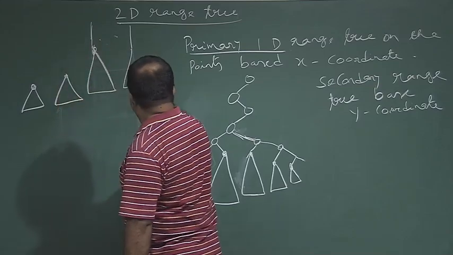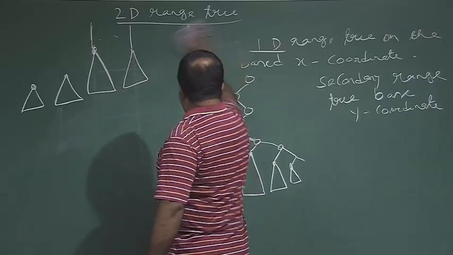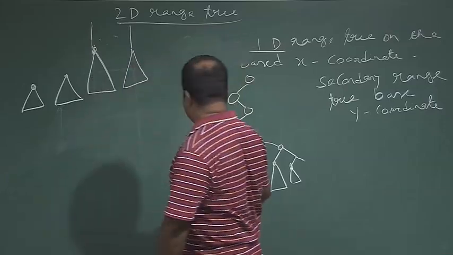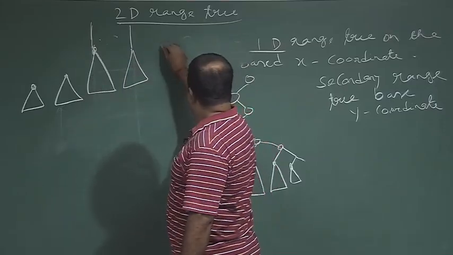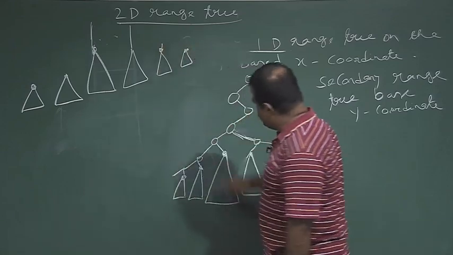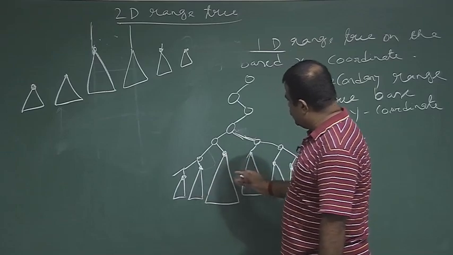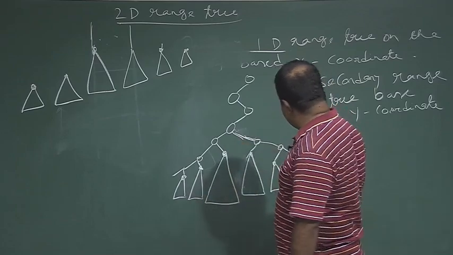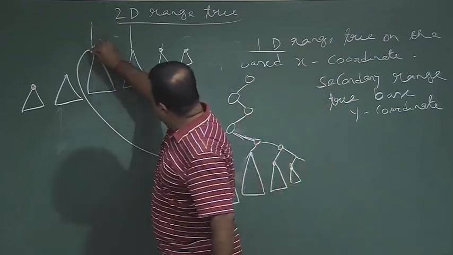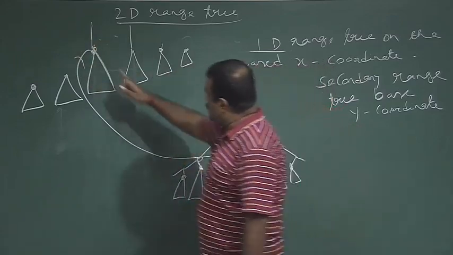Okay, so these are the trees. We have a similar type of range tree based on the y coordinate. So, now we have a pointer from here to here which is pointing to that tree.